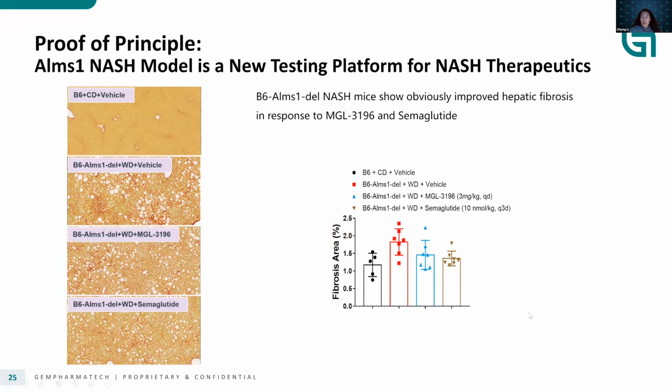And then another thing, fibrosis, is really one of the irreversible phenotypes. Once the NASH has developed fibrosis in the liver, reversing the fibrosis is really one of the hardest things that we're trying to develop drugs against.